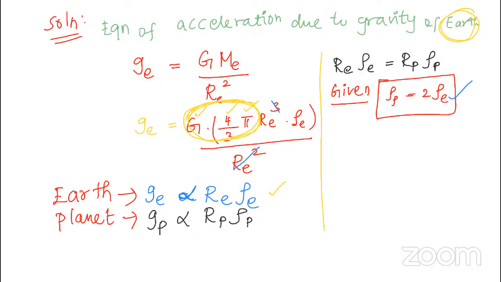R_P into 2 into rho_E. Let us substitute this value: for rho_P we substitute 2 into rho_E.